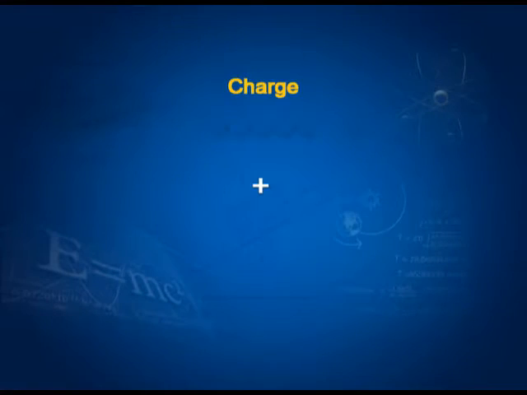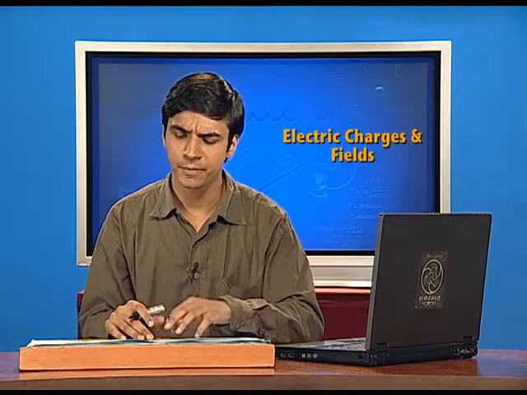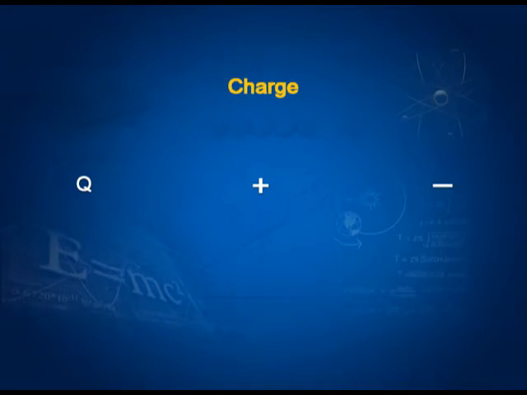If I draw this on a sheet of paper, there is, say, a positive charge around here, and a negative charge around here, and I have a test charge here. If I draw it very roughly, this positive charge will try to repel it, likewise here.